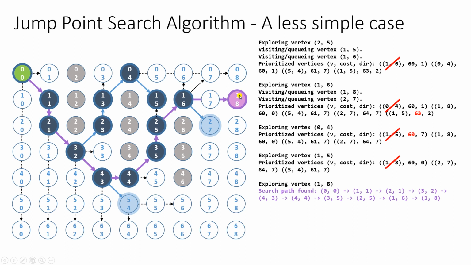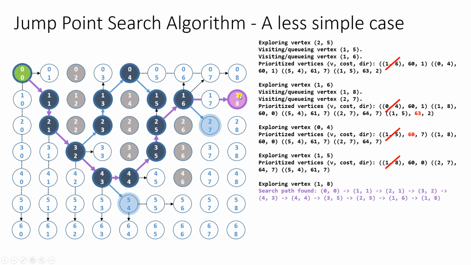On another note, there is a possibility that there are two equivalent search paths, equivalent in terms of total cost, and either one of these paths can be selected.